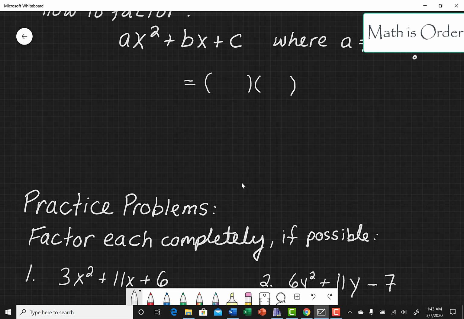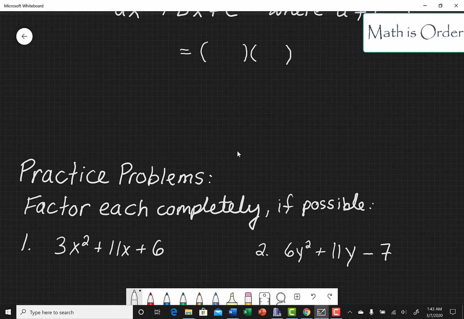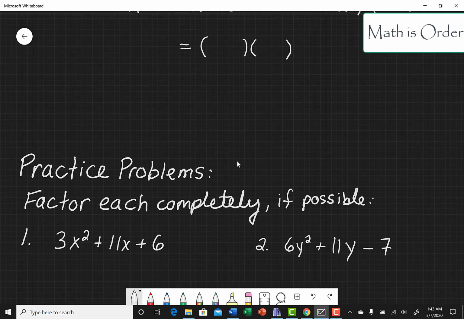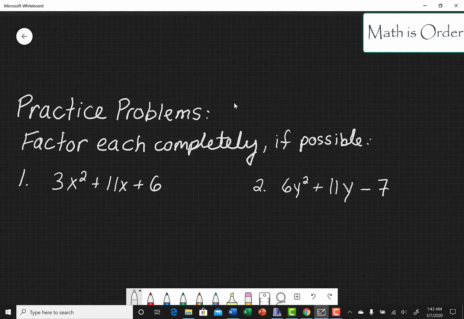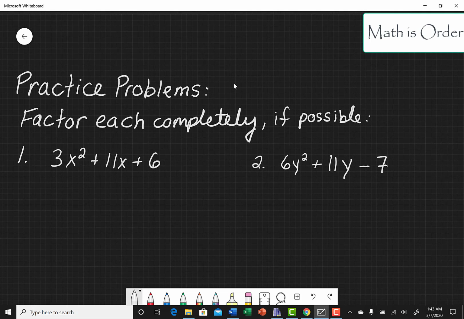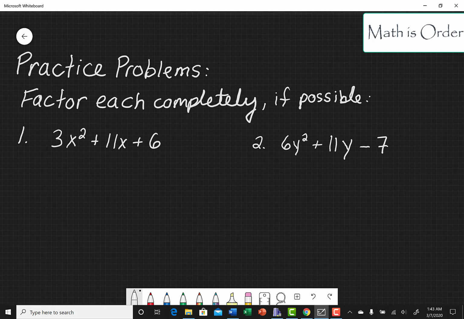And remember, to factor these trinomials, we are going to apply the AC method, if possible. So the question is typically factor each trinomial completely if possible, right? So the first thing we need to do is go through a certain thought process, which is, is there a GCF?